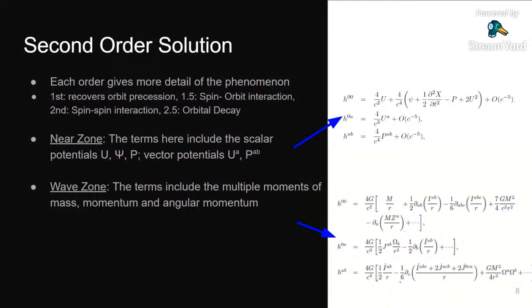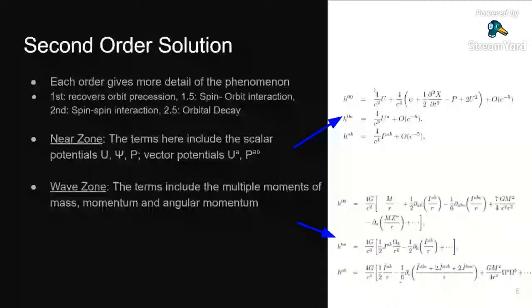If you see, this first term is the only Newtonian part. The next order of the value is 1 by c square times less as compared to this one, which means that its value is significantly less than the Newtonian part. Hence we can safely say that Newton was correct to a great extent.